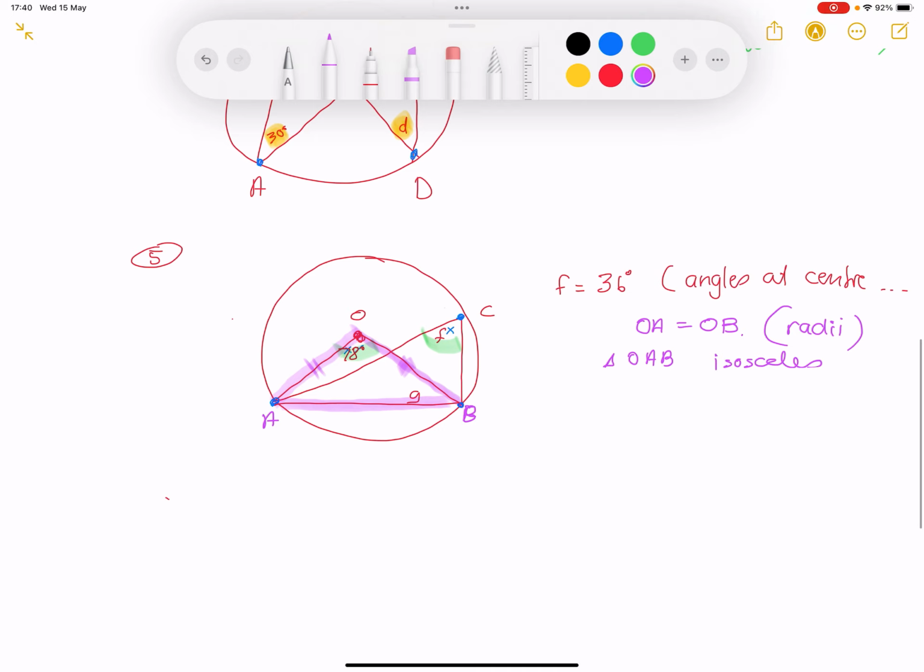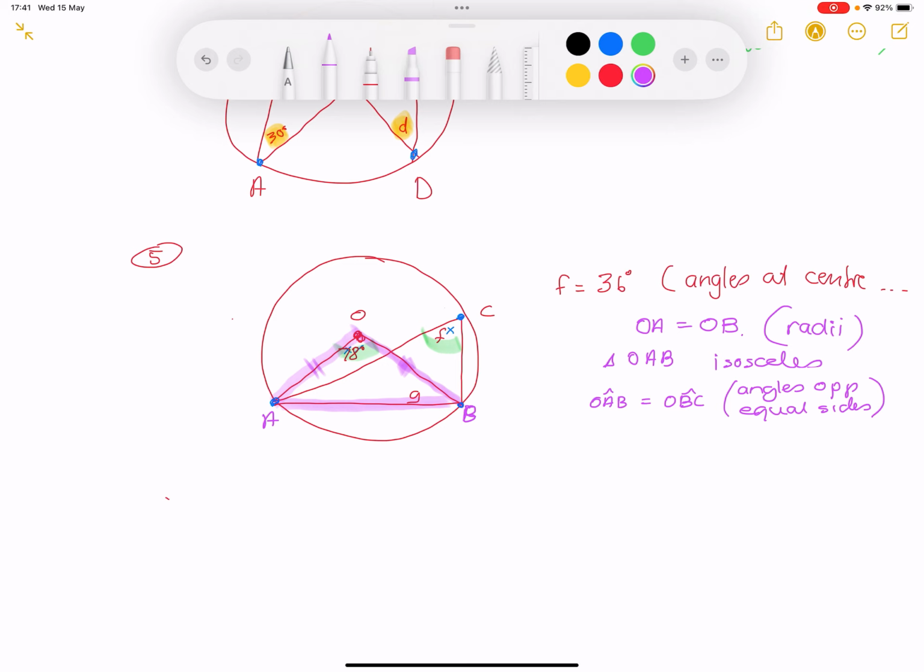So angle OAB is equal to angle OBC. Now we say angles opposite equal sides.